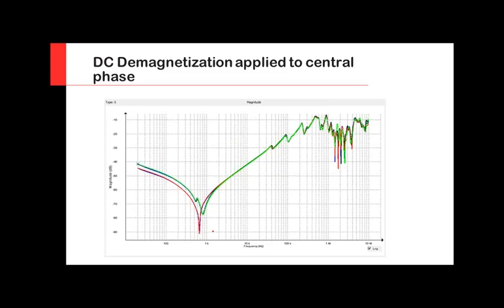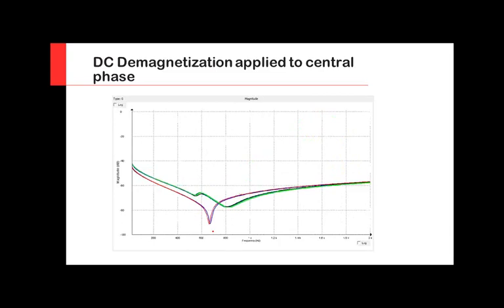But let's look into it a little bit more in detail. Okay. So now you can see here that, yes, it's very, very close. When we demagnetize only the central leg of the transformer, we're getting almost the same response. There's a little bit here, anyway, of a deviation.